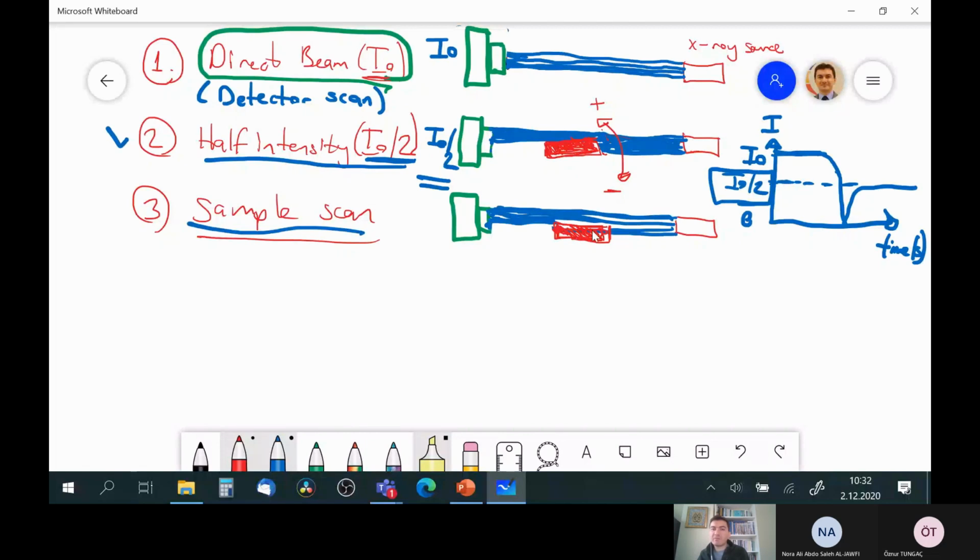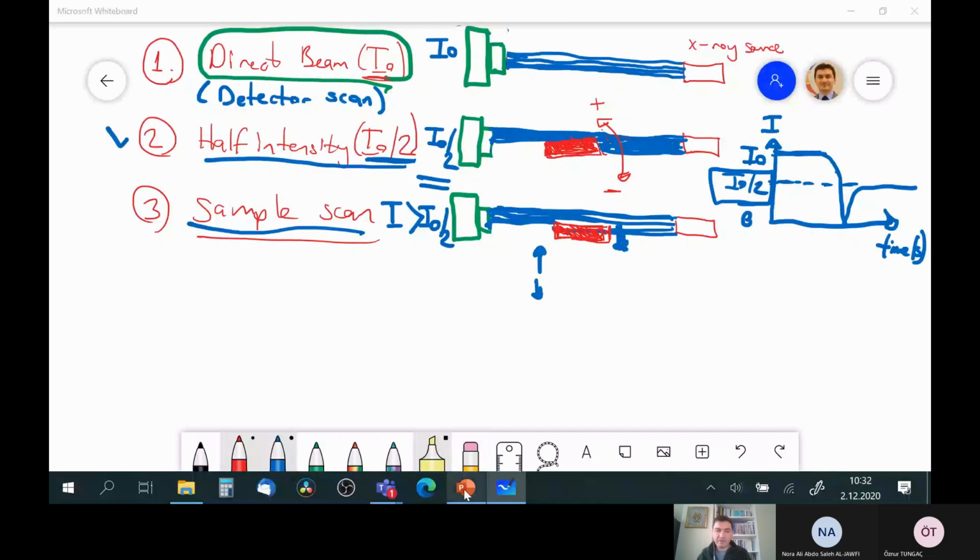Now it is parallel to the beam. But what do you see here? Now the intensity at the detector is bigger than the half intensity. So after correcting the position of the sample, the sample is moved a little bit down, let's say, okay? Then more intensity goes to the detector. Now again, I have to repeat the sample in and out, and we have to find the half intensity, okay?